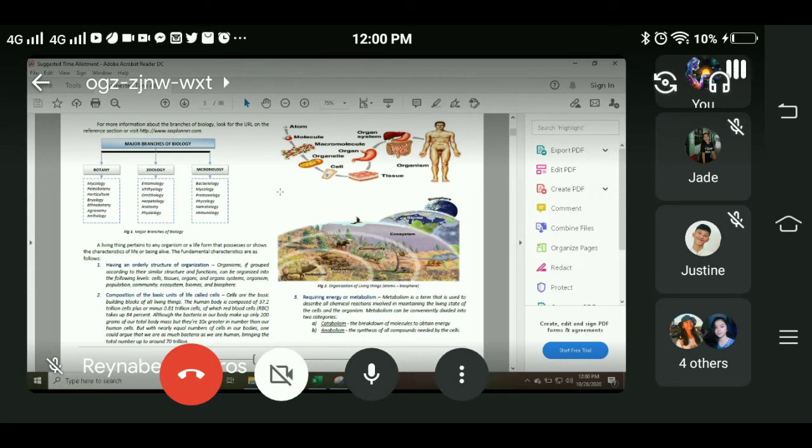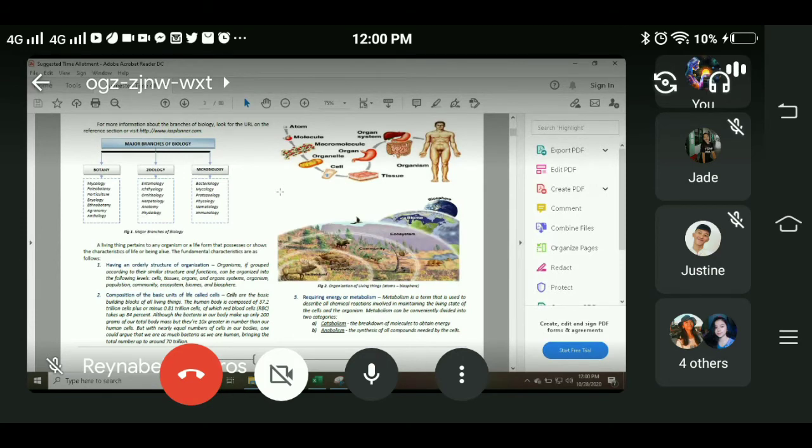Let's say for example is number 1, yung characteristic ng isang living organism is it is having an orderly structure of organization. Okay? So the organisms, when they are grouped according to their similar structure and functions, can be organized into following levels: the cells, tissues, organs, organ system, diba?